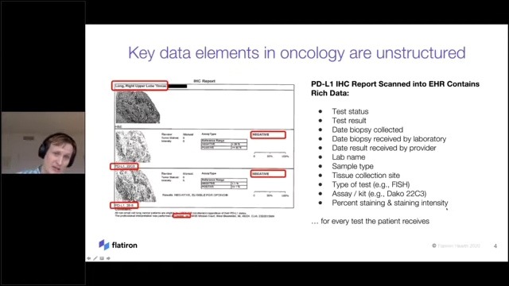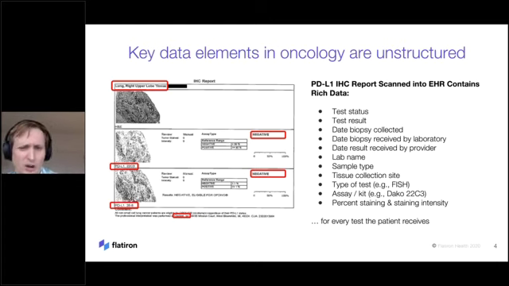I mentioned that key data elements in oncology are largely in the unstructured data. Elements such as staging, the diagnosis date for patients, biomarker statuses, and clinician reporting on response or treatment progression are really only revealed in unstructured data. Here's an example of a PD-L1 IHC report, which has a lot of these variables, but it's a scanned document.